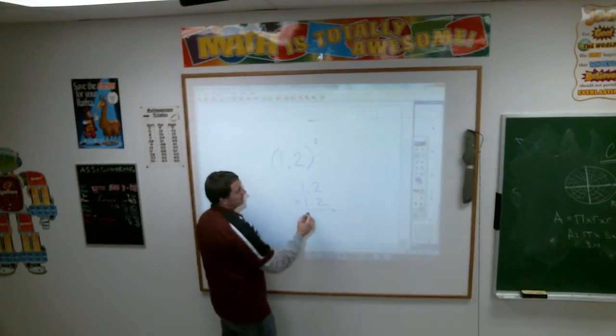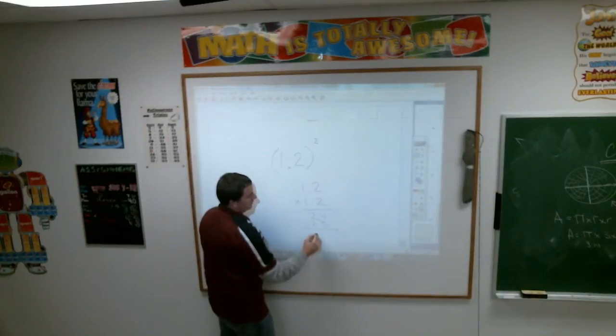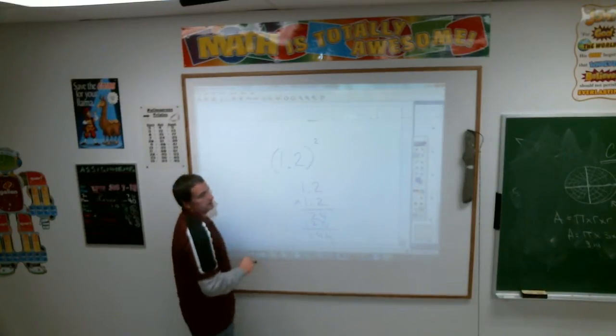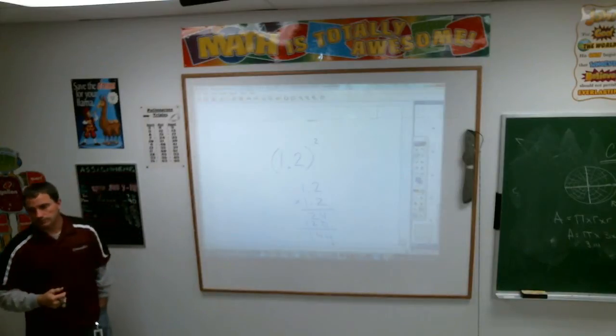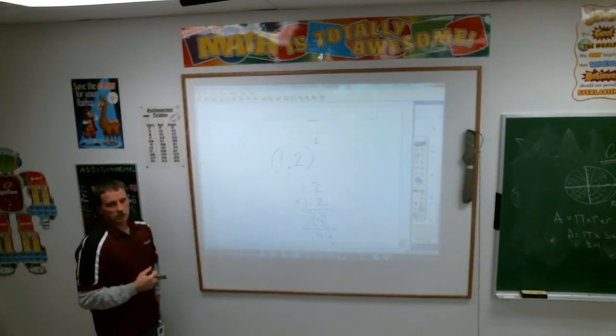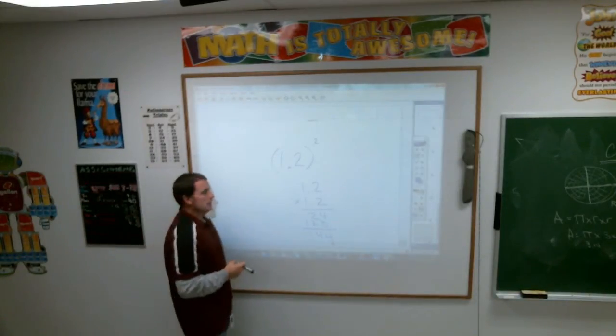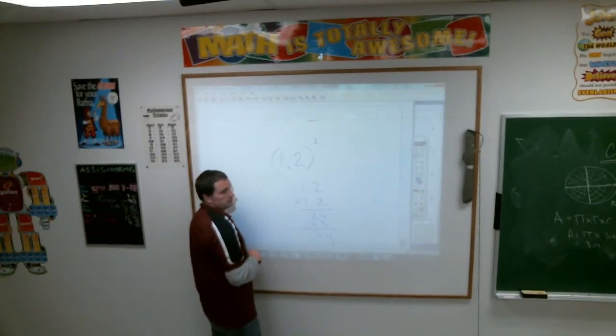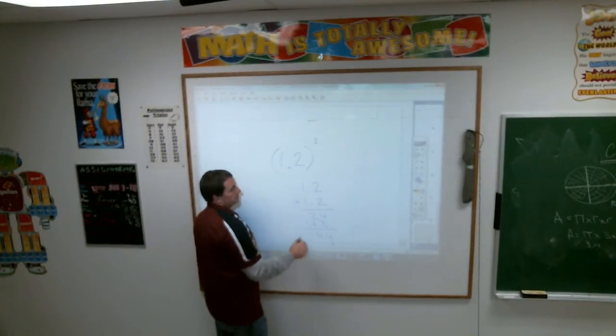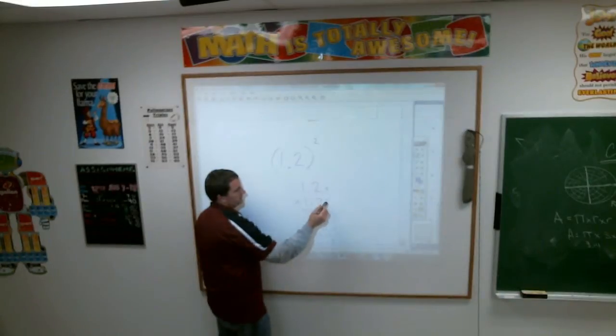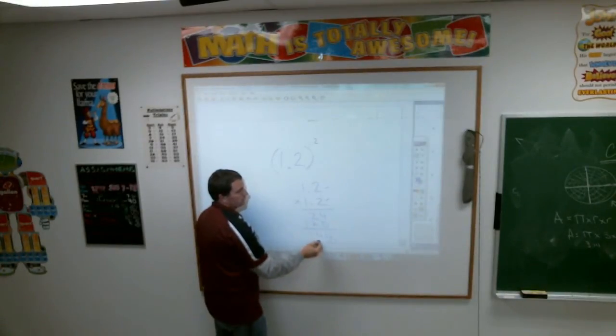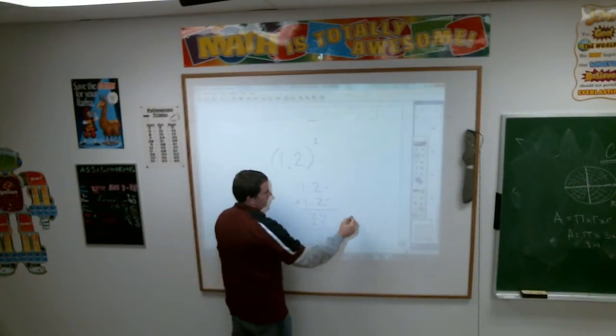Nobody know? I get a 1, a 4, and a 4. Where is my decimal going to go in that 144? Where, pray tell, Kaylin, does that decimal go? Between the 1 and the 2. Right, because there's 1 decimal place here, 1 decimal place there, so I come back 2 for a grand total of that.